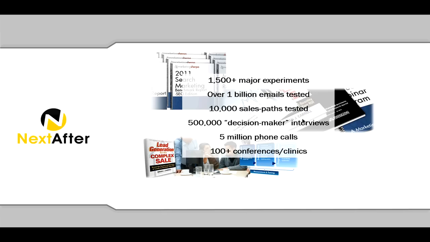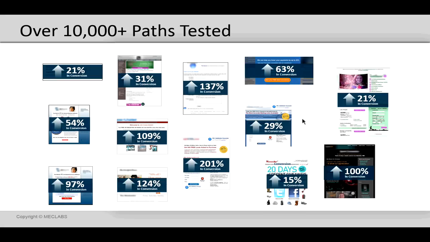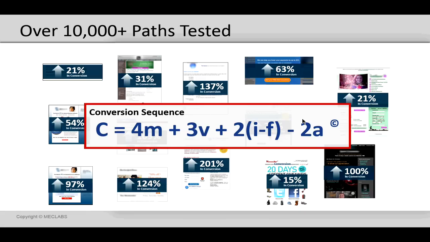They've recorded and analyzed over 5 million phone calls, all trying to answer one single question, which is this: why do people say yes? What inspires people to complete different actions that exist on the website? And through the course of their research, they've been able to codify the exact variables that exist in marketing that lead people to say yes.